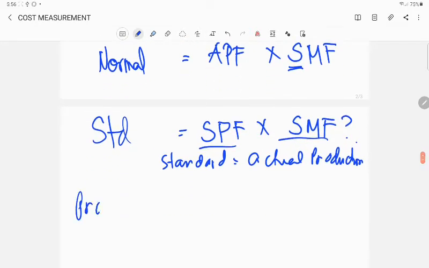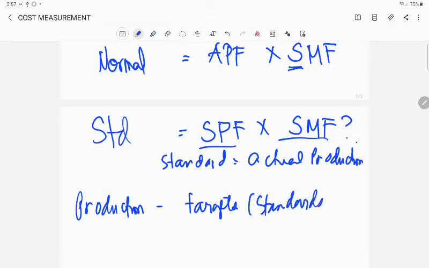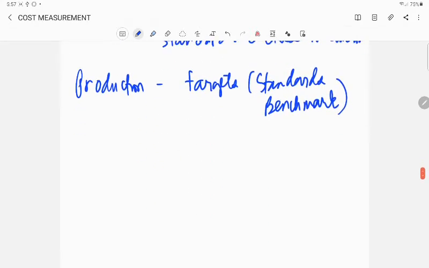Yes, because remember, sa production, meron tayong isiniset na targets. And your targets is in the form of standards. Okay? Or these are your benchmark. Kaya meron tayong different capacity na siniset, 'di ba?